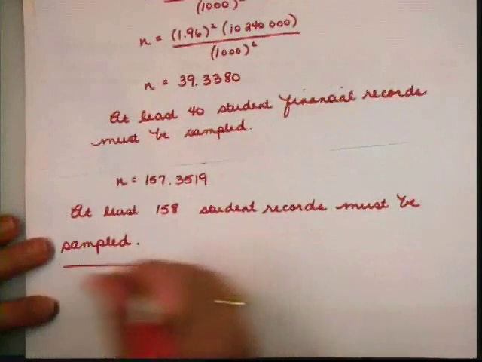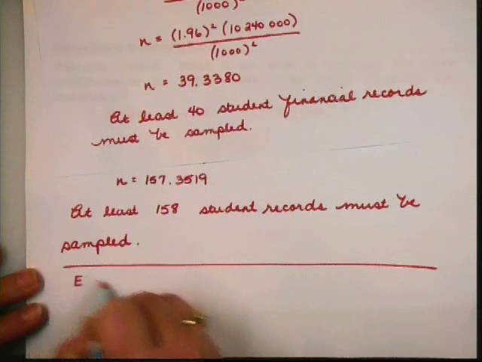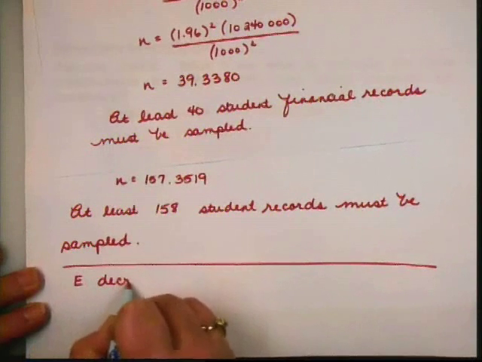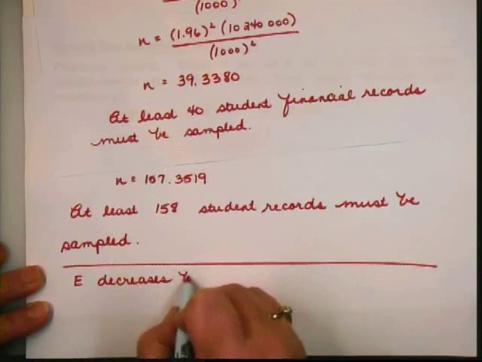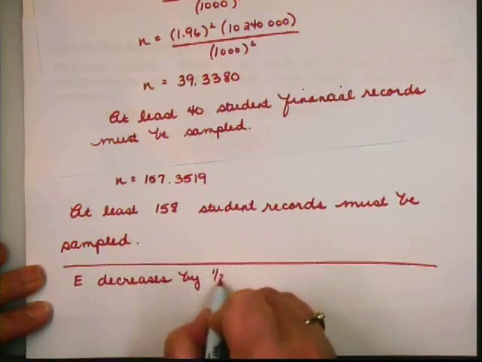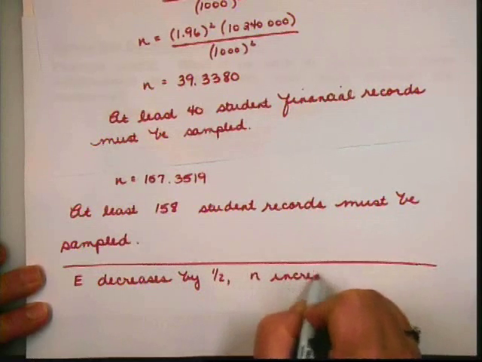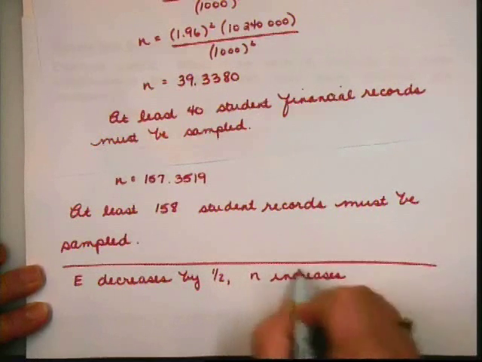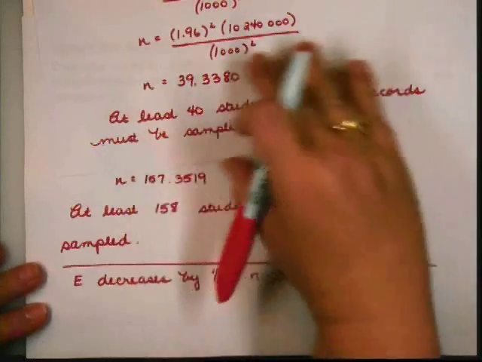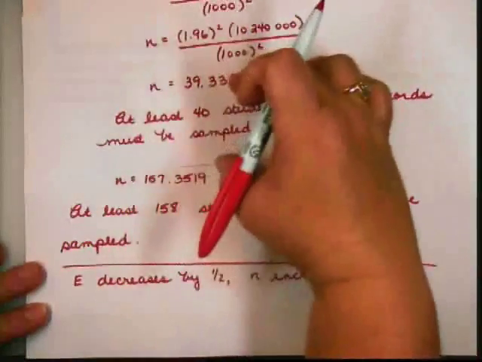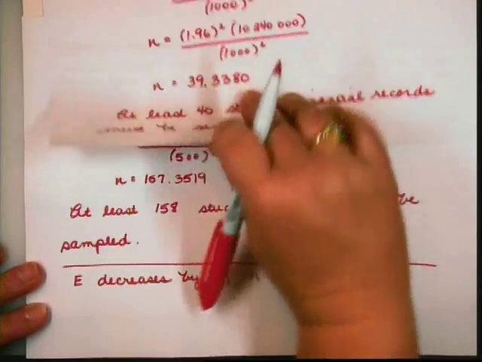So what we could say here is E decreases by half and n increases 4 times. Now we don't see the factor of 4 after we round, but when we look at these two before we round, that's certainly 4. Okay.